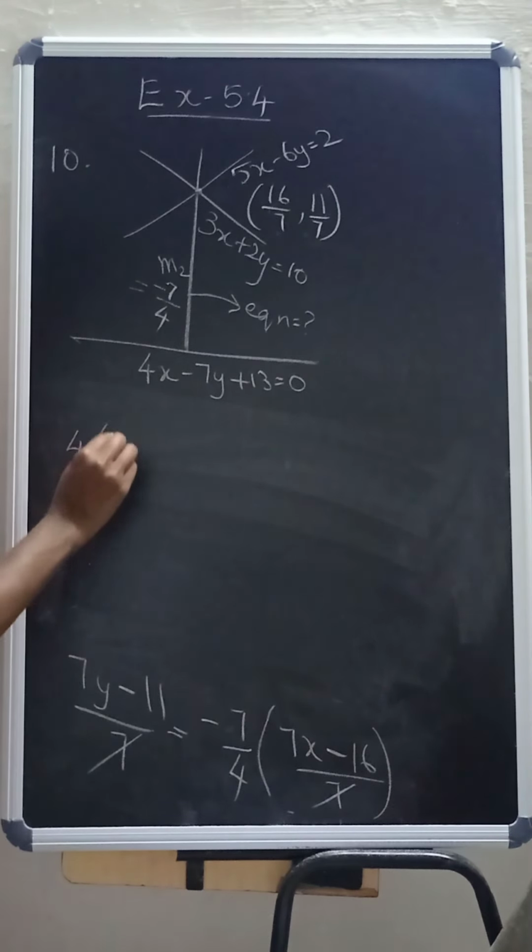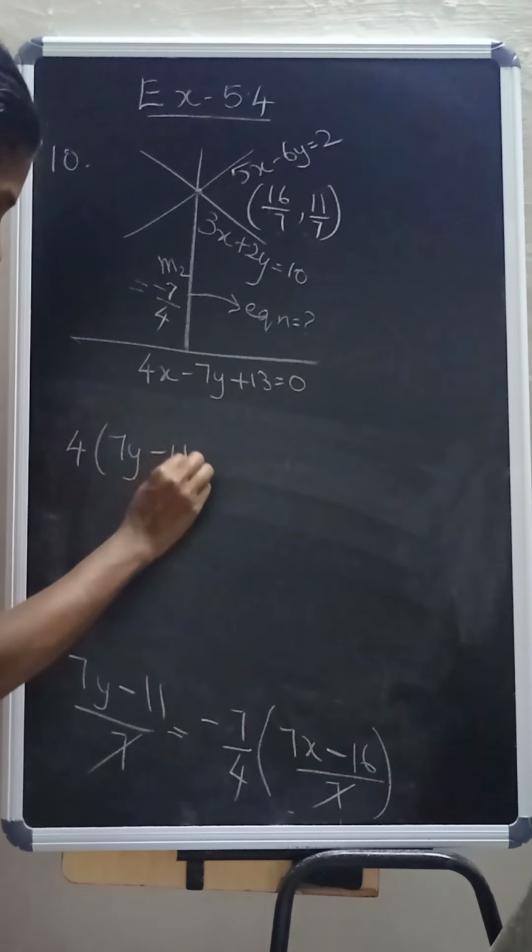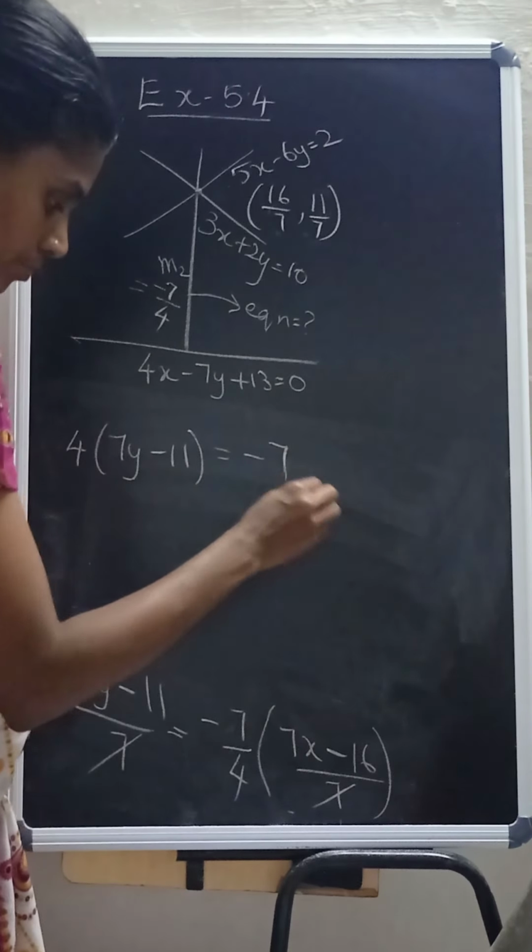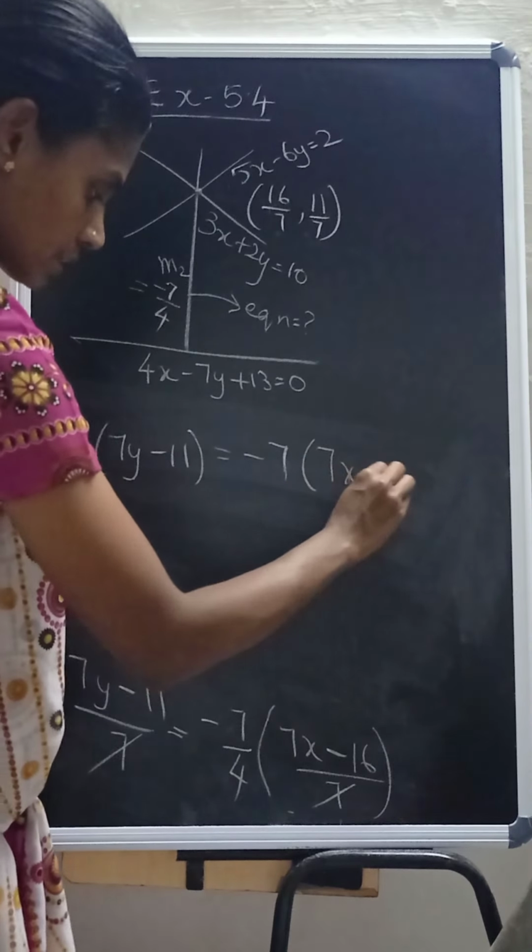Cross multiply 4 into 7y minus 11 is equal to 7 into 7x minus 16.